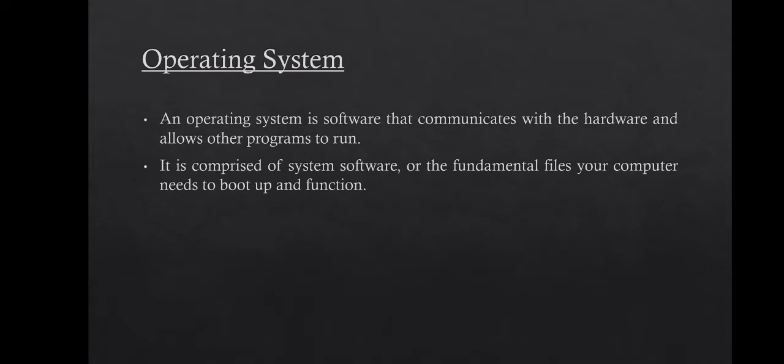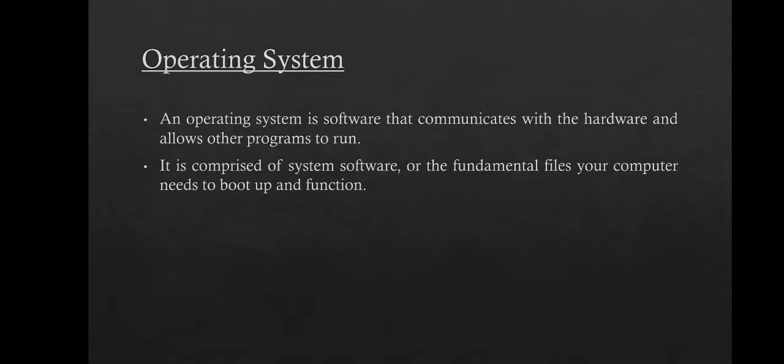First, let us define operating system. An operating system or OS is a software that communicates with the hardware and allows other programs to run. It is comprised of system software, or the fundamental files your computer needs to boot up and function.